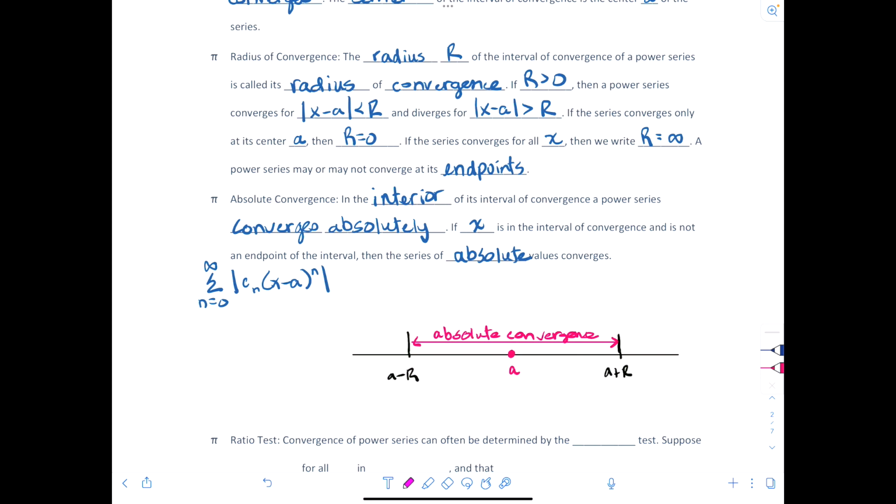Now, out here, this is going to be divergent. And that's where you're outside of the interval from a minus r to a plus r, non-inclusive. So these here represent where it diverges. So divergence.